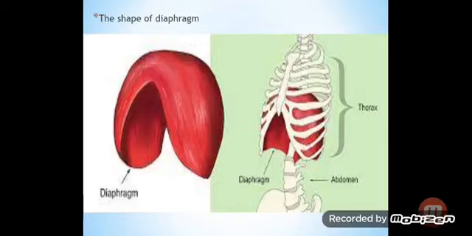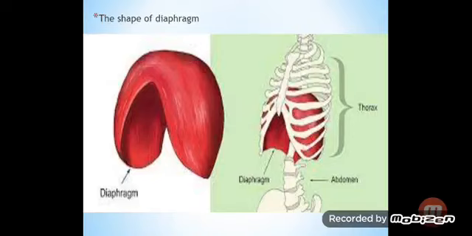So, for example, it is lower when the person is sitting or standing, but when the person is lying flat, it is higher. When the person has had a large meal, it becomes higher, right?